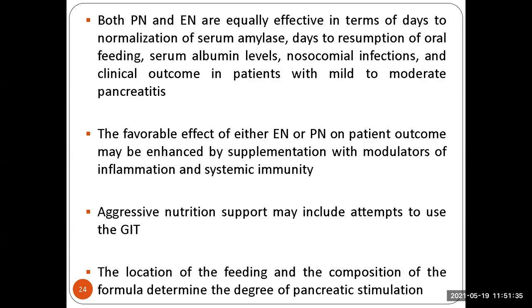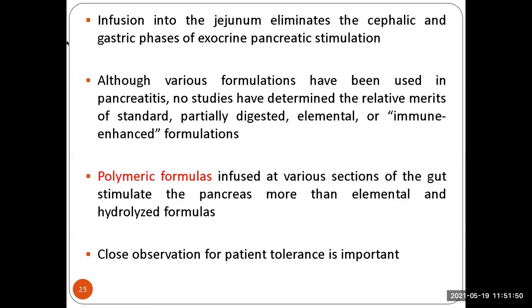Aggressive nutrition support may include attempts to use the gastrointestinal tract. The location of feeding and the composition of the formula determine the degree of pancreatic stimulation. Infusion into the duodenum eliminates the cephalic and gastric phases of exocrine pancreatic stimulation.